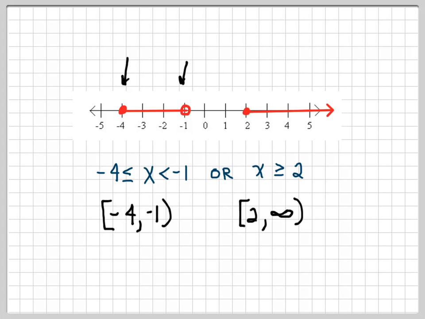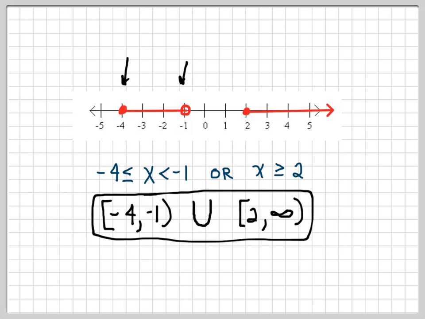And to say that it's the combination of these two, we use a kind of U-looking shape. This stands for the union of these two sets. And the union just means you can be either in one or the other, or you could possibly be in both, although no number is in both in this case. So that would be our interval notation for the set of numbers that are underneath these red lines drawn on the graph.